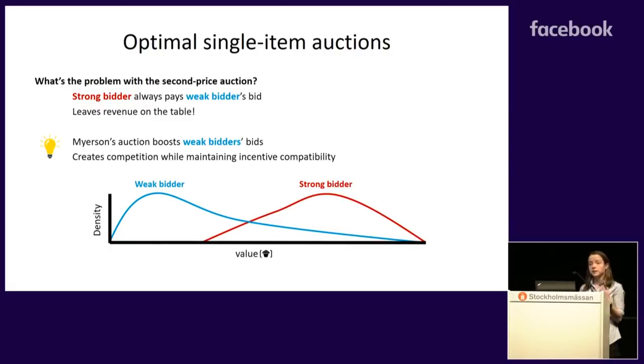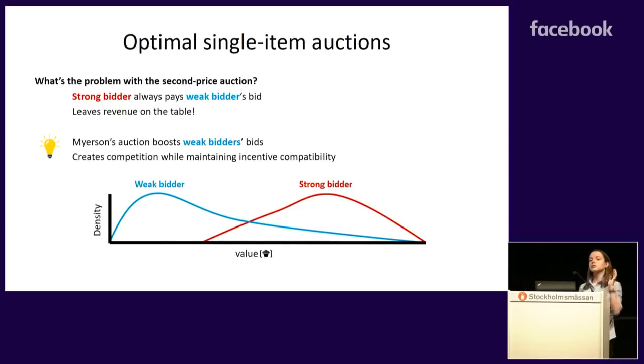Typically, the strong bidder is going to be winning, and he's going to be paying the weak bidder's bid, because in the second price auction, the highest bidder wins and pays the second highest bid. So this is unfortunate. It's going to leave a lot of revenue on the table, because if the strong bidder's bids are much larger than the weak bidder's bids, he'd be willing to pay a lot more.